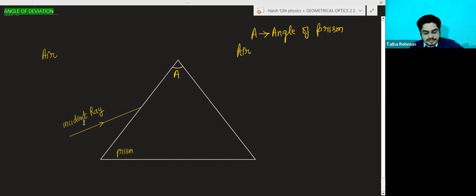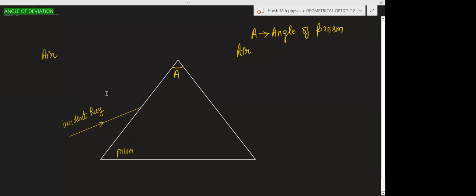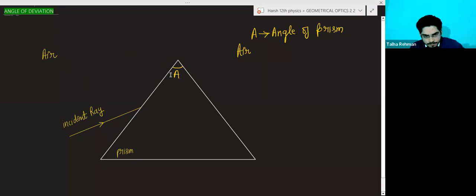As this incident ray is moving from air into the prism, which is generally made up of glass, and as compared to air, the glass is a denser medium. This incident ray is moving from the rarer medium to the denser medium, so refraction will take place from this surface.